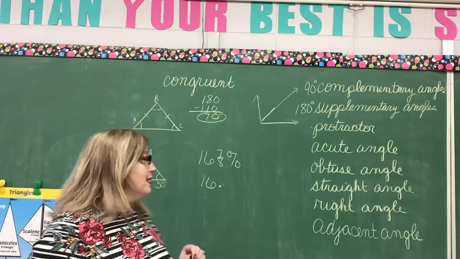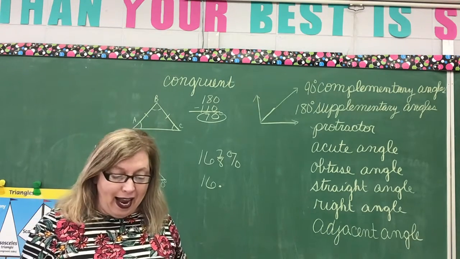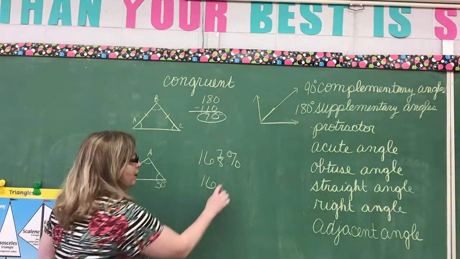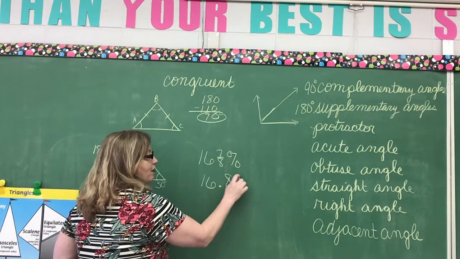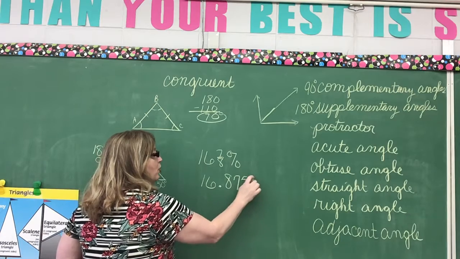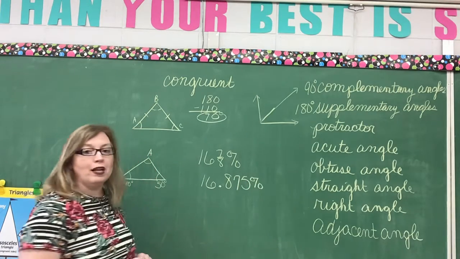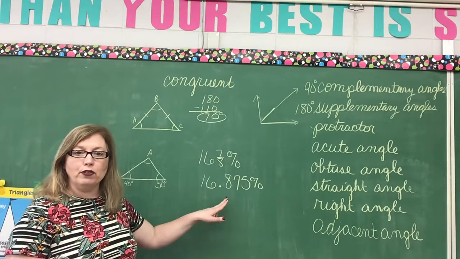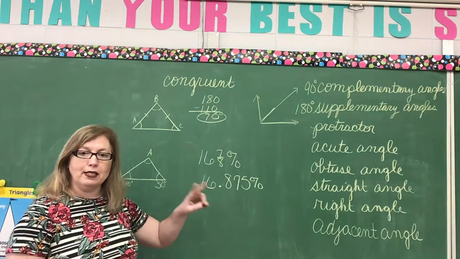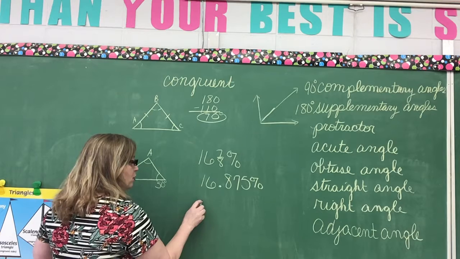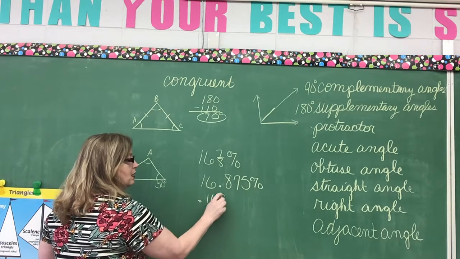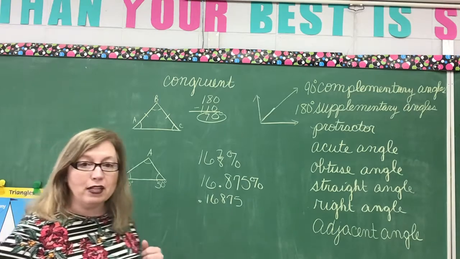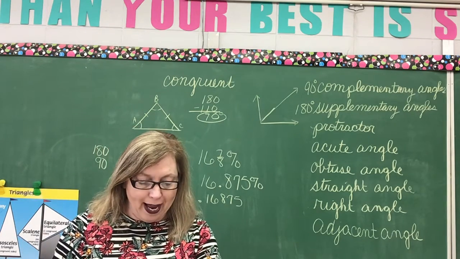Now, what is 7/8 as a decimal? Hopefully you remembered that it was 0.875. Okay? So there's our percent. But we want it as a decimal. What are we going to do? We're going to drop the percent sign and move the decimal point 2 places to the left. So we have 0.16875. That's your final answer for letter A.